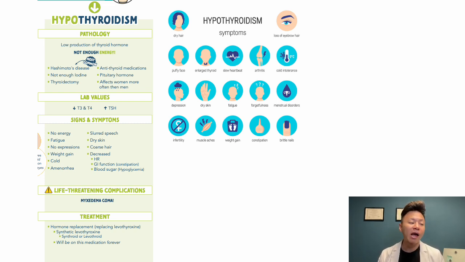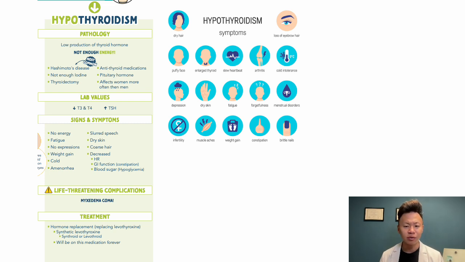Now, what's going to happen in the more extreme forms of this? Hypothyroid, extreme forms of hypothyroidism. And this is going to be called your myxedema coma, right? Your myxedema coma. Now, when we talk about your myxedema coma, think about everything here going into extreme forms. The biggest thing we're going to be concerned about, again, is your ABC, your circulation, right? Heart rate. We talked about a low heart rate.